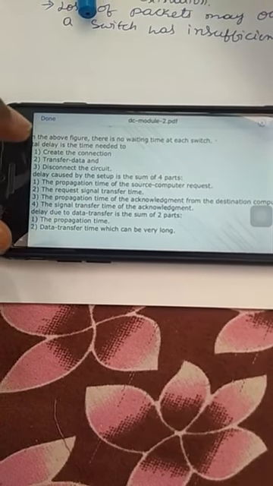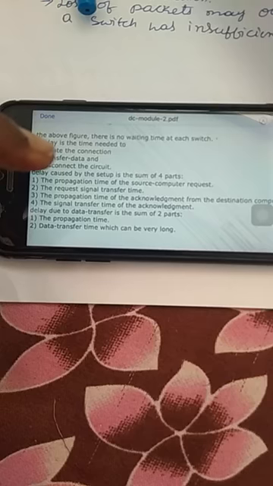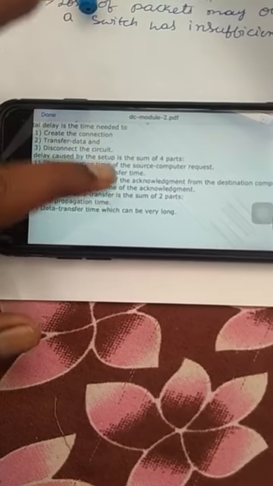These are the 4 delays related to setup.